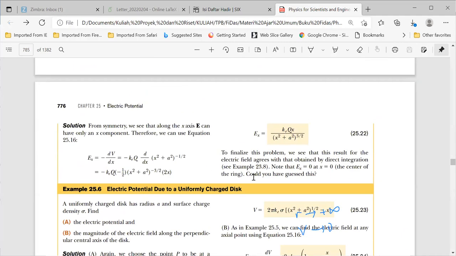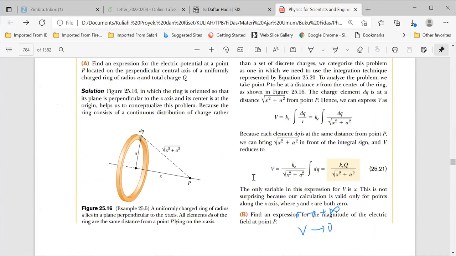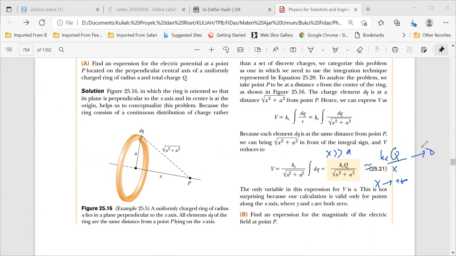Nah, kalau Anda ambil x-nya sangat besar, atau jauh lebih besar daripada a, ini akan menjadi ke Q per x. Nah, Anda ambil lagi x-nya menuju tak berhingga, ini pasti 0. Jadi benar rumusan ini. Cara melihatnya seperti itu. Jadi kita mengecek benar atau tidaknya seperti itu.